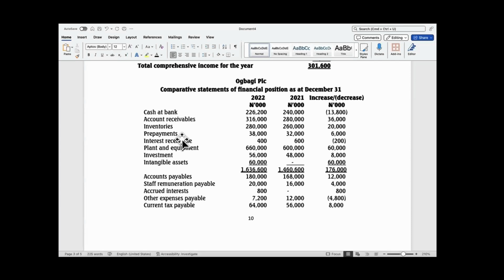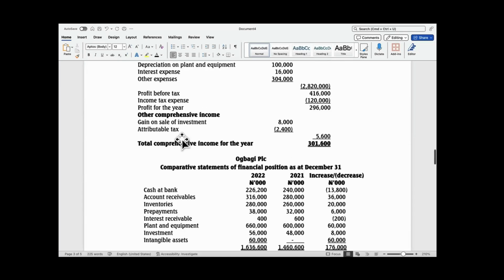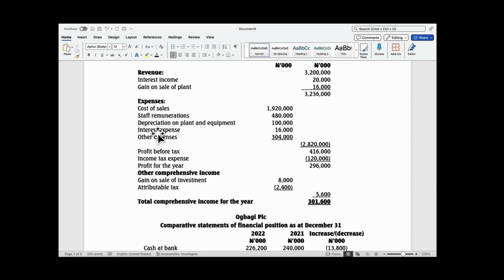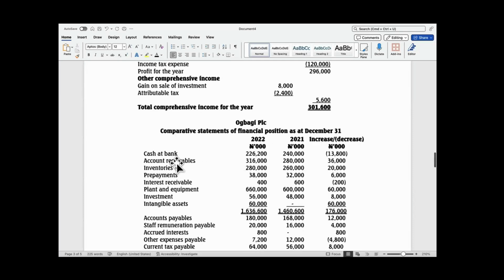In the exam, except if you have done it before, or somebody tells you, there's no way you possibly know that this should come in as part of your operating, because ordinarily, these other expenses here, we should have factored in prepayment as part of it. But that's too much of an assumption for an exam.